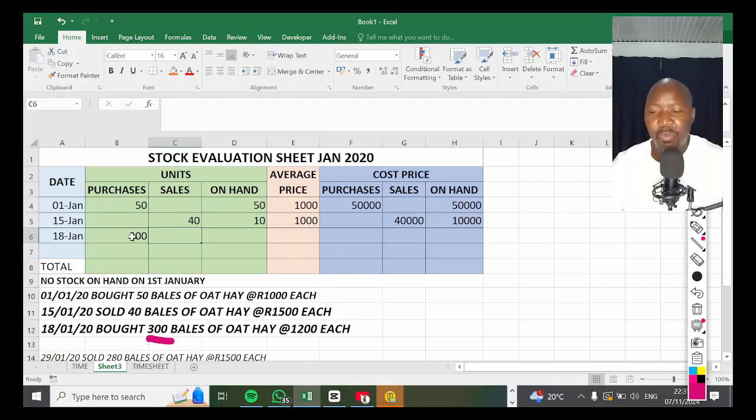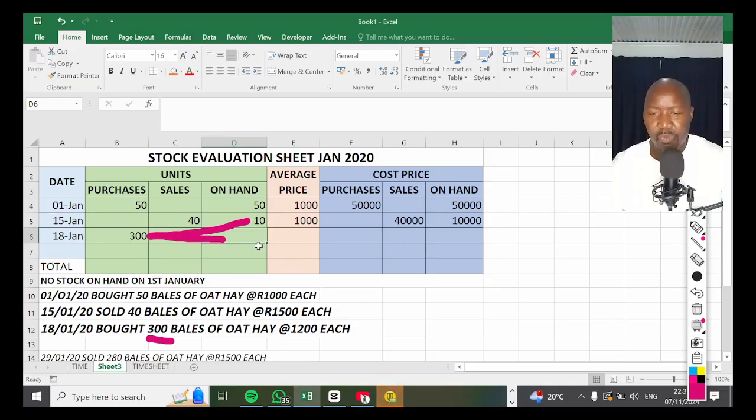Every time you buy on a weighted average method, you combine your stock. On FIFO and LIFO, every stock remains in its own different storage or cage. Here, when stock arrives in a warehouse, we combine it. So we're going to combine this stock and whatever is in there so that we get the new balance.